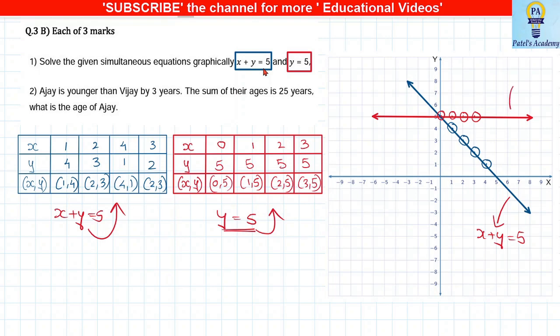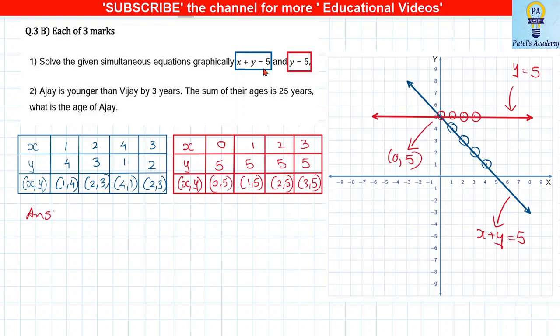So the red line is for y equals 5, and where the two lines intersect each other, that is nothing but the solution. So the solution is 0, 5. Now we have to write down the final answer over here: 0, 5 is the solution.